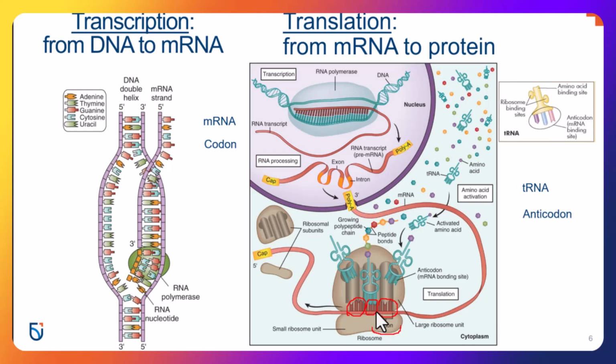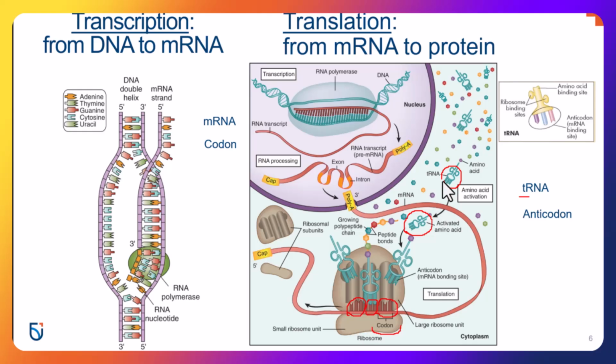And each codon, so each group of these 3 base sequences, specifies a particular amino acid, because we know amino acids are the building blocks of proteins. So what happens is we have this transporter called tRNA, or transfer RNA.